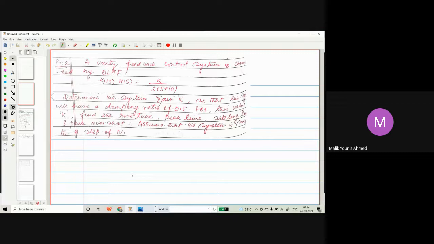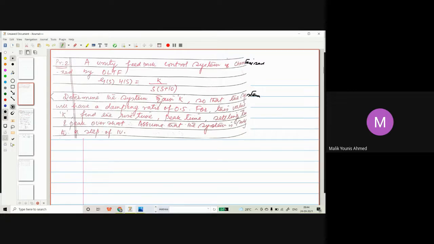A unity feedback control system is characterized by open loop transfer function G(s)H(s). Determine the system gain K so that the system will have a damping ratio of 0.5.